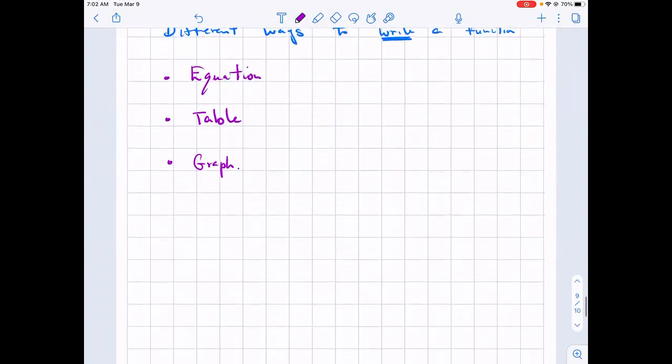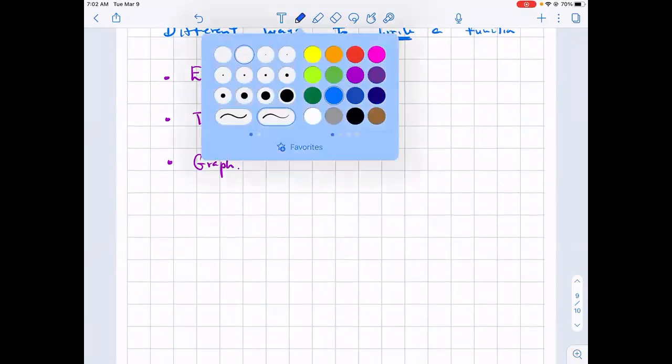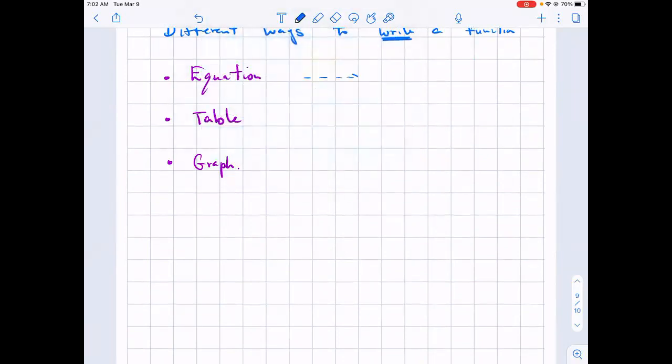So if you have an equation, an equation just means we have, for example, y equals 3x plus 4. From a table, it just means that we have a table of values, x and y. So if we have -2, this is 4, -1, we have 1, 0, 0, 2, we have 4.